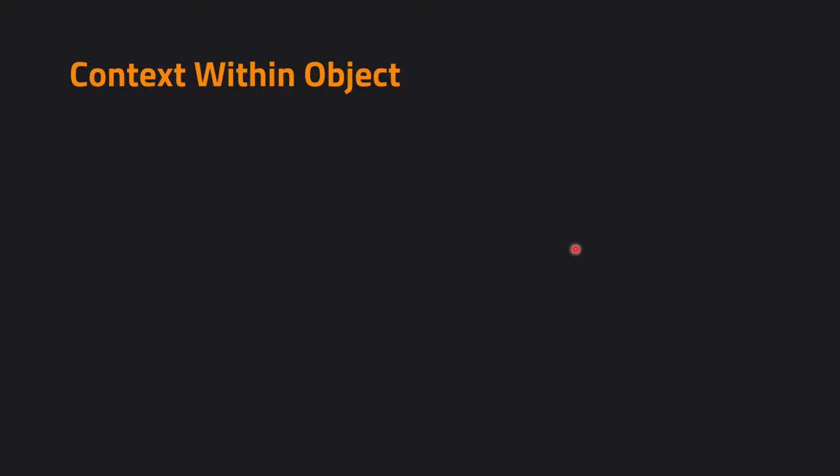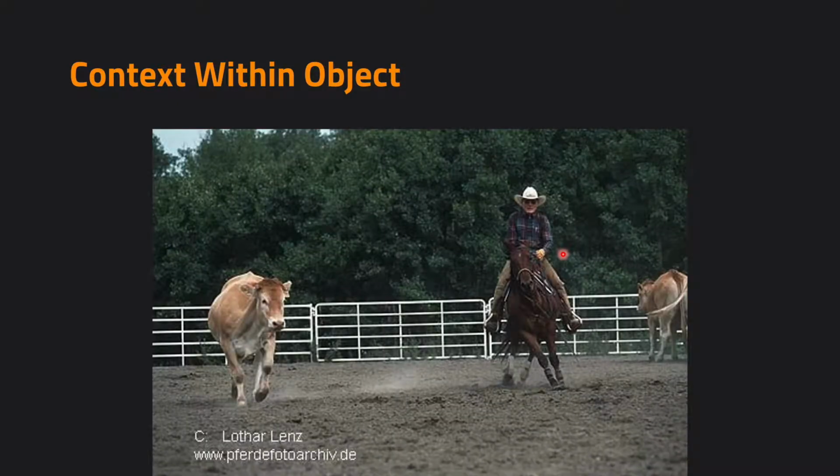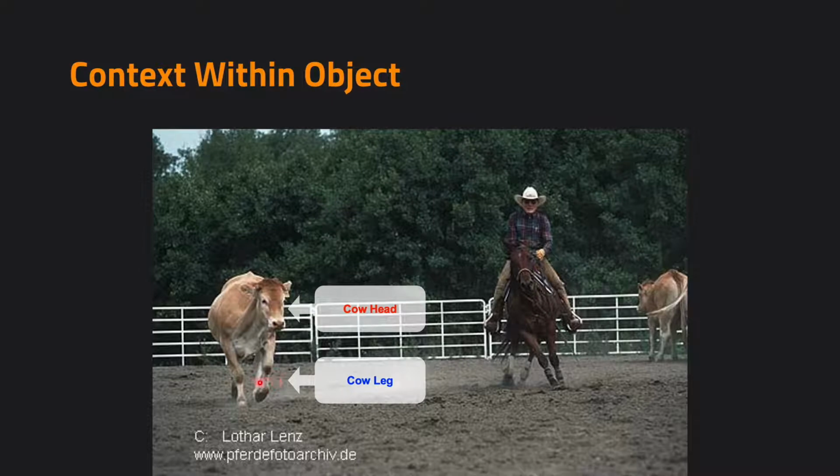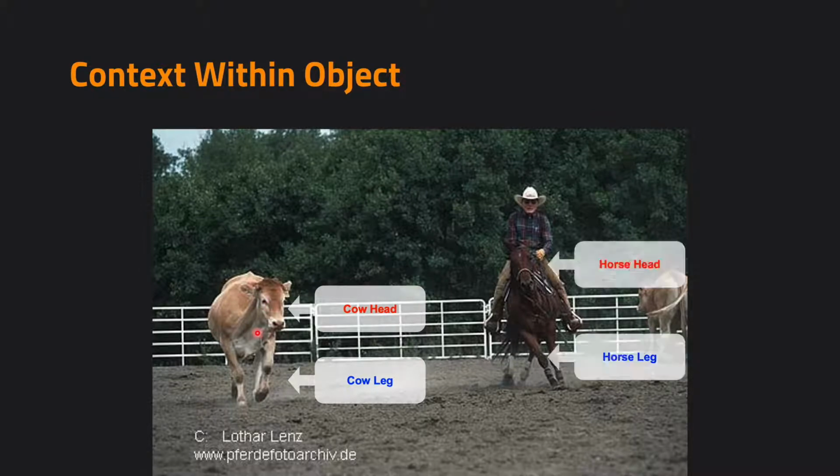It's very similar to the context between objects. For example, if we want to classify this as a cow leg, then we must know that it belongs to an object with a cow head. And similarly, if we want to classify this as a horse leg, even though it's very similar to a cow leg, we know that it's connected to a horse head, so we know this pixel belongs to a horse instead of a cow.